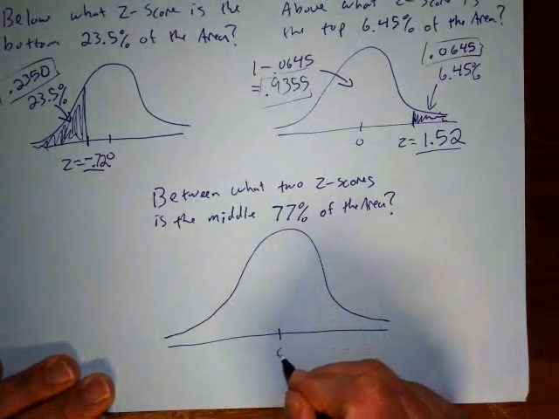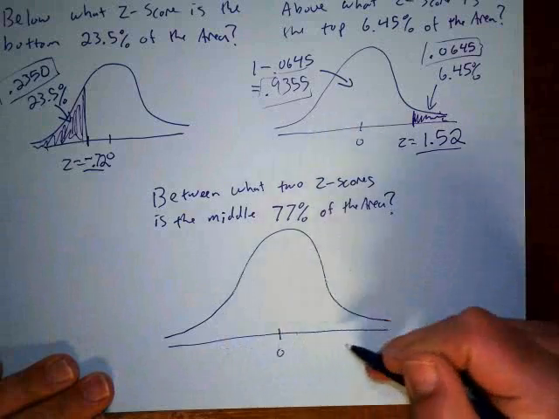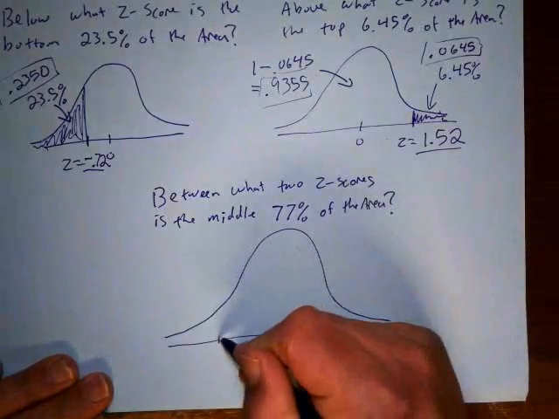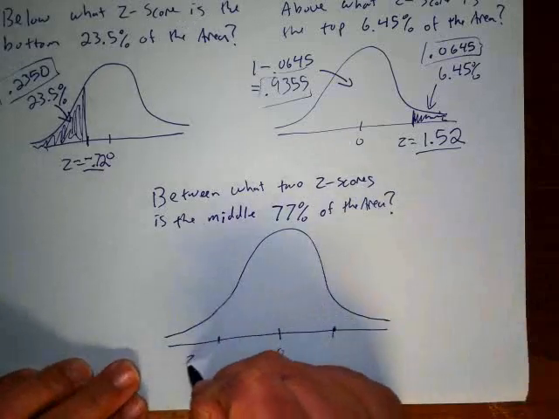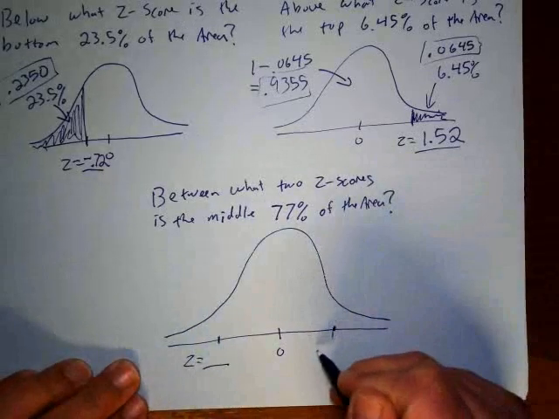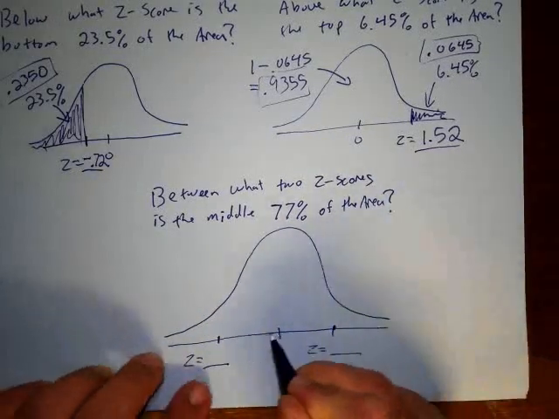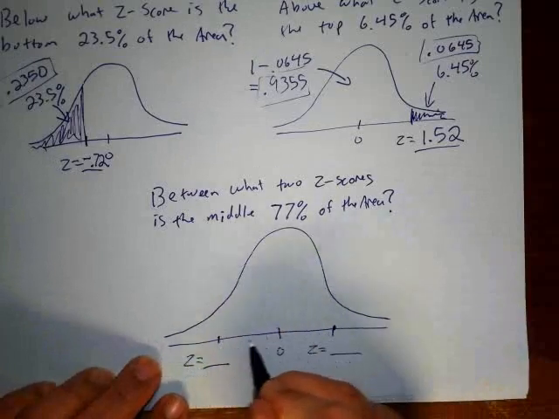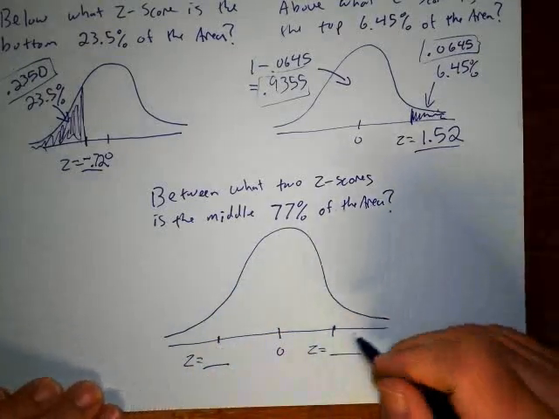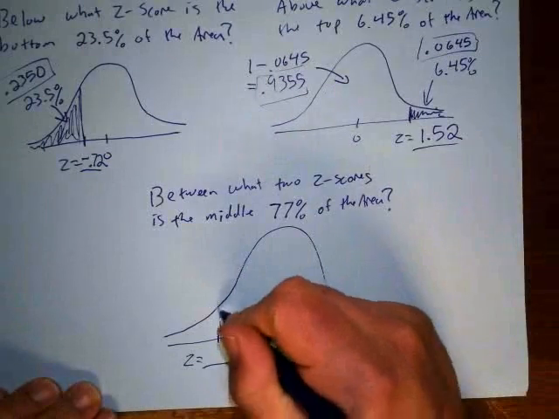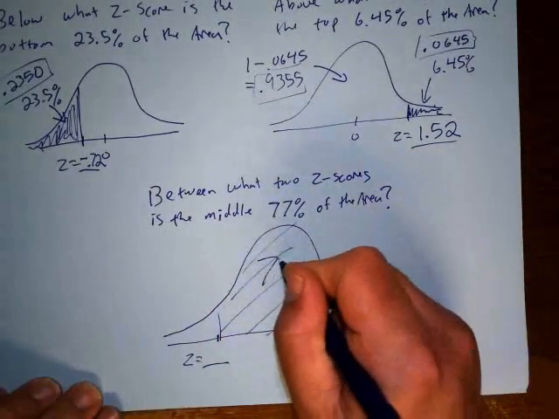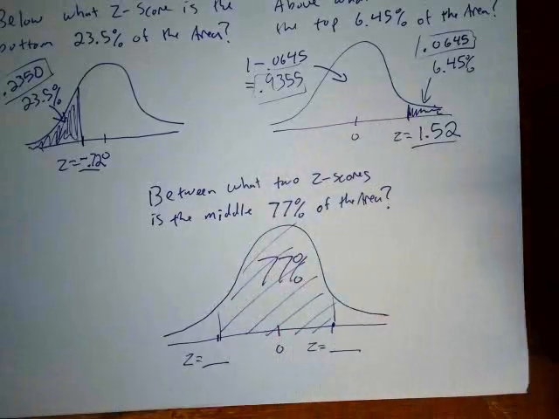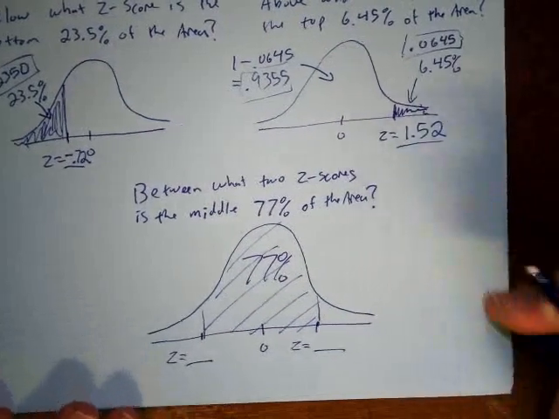Well, 0 is in the center, and so I want two z-scores, the same distance away from 0. So this one will be a negative z-score, this one will be a positive z-score, and they'll be the same number. It's just this one is negative, that one's positive, and in between these two, you actually have the middle 77% of the area. Okay?